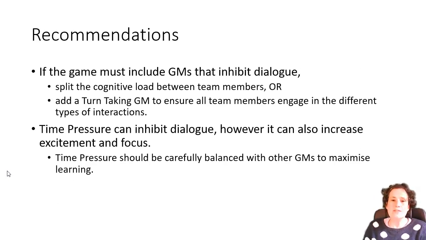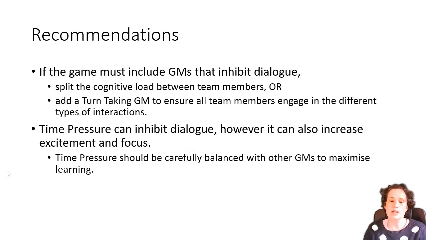If the game must include game mechanics that inhibit dialogue, by which I mean those that place a cognitive demand on the player that might shut down their ability to engage in dialogue, try and split this cognitive load between team members. You can add in turn-taking game mechanics to ensure that everyone gets a go at each part. While one person is concentrating on one thing, the other two team members can be having dialogue.